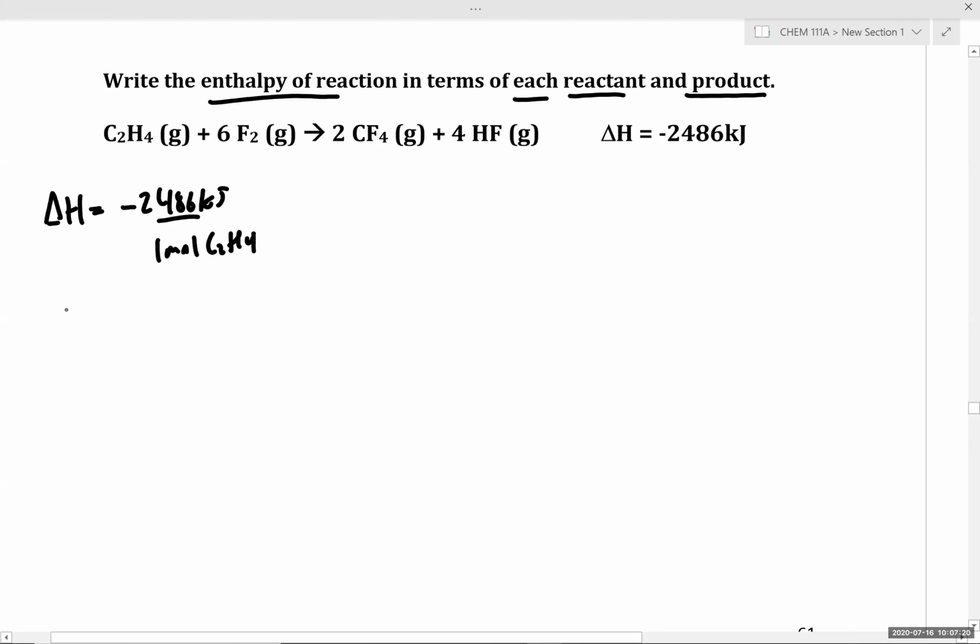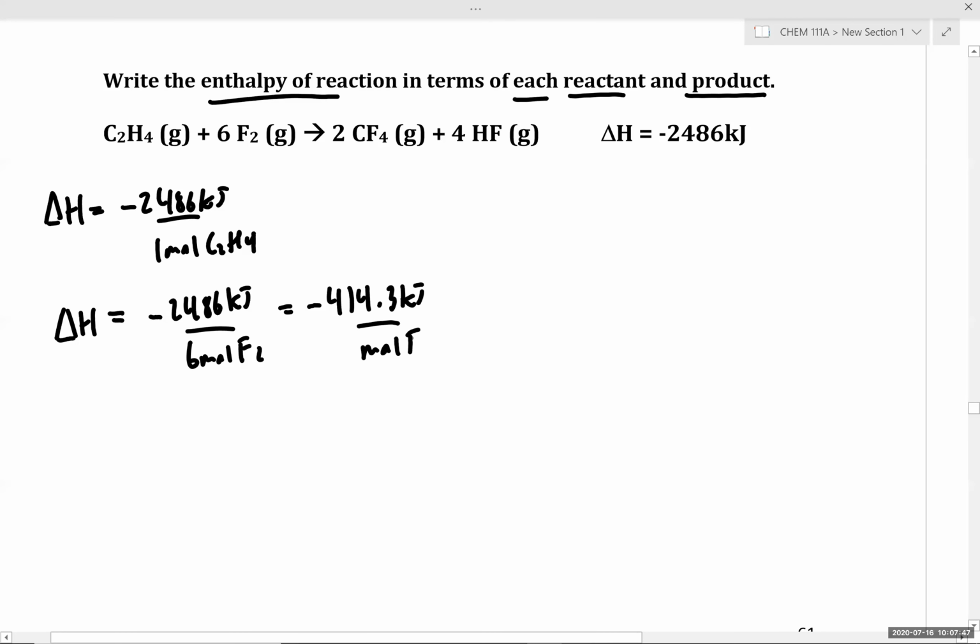The enthalpy of reaction with respect to fluorine is 2,486 kilojoules for every 6 moles of fluorine, and that in turn gives us negative 414.3 kilojoules per mole of fluorine reacted.